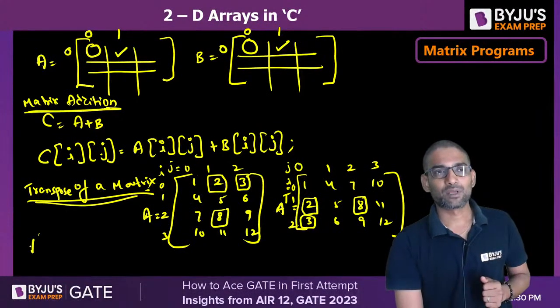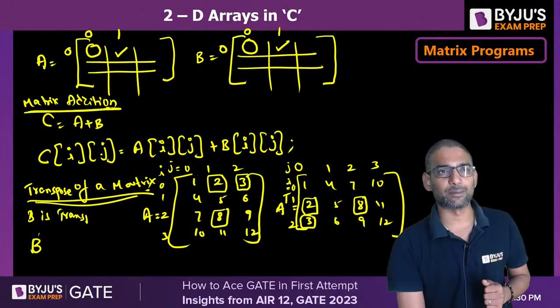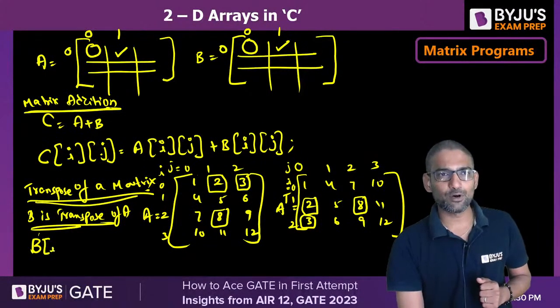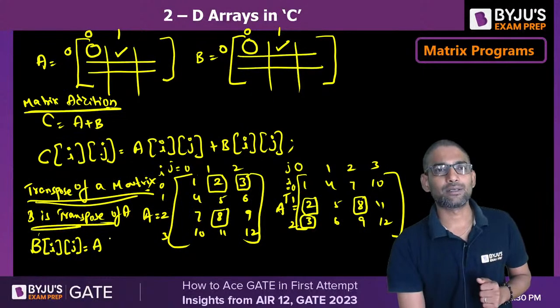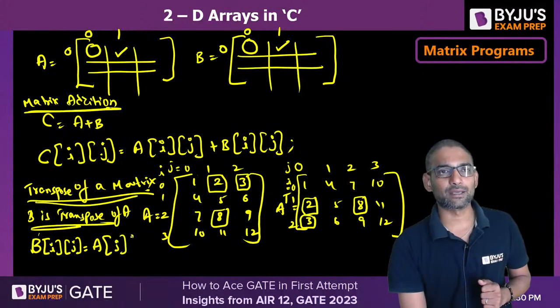Let's say B is the transpose matrix. Let B be the transpose matrix of A. If so, B of IJ is what? A of JI.